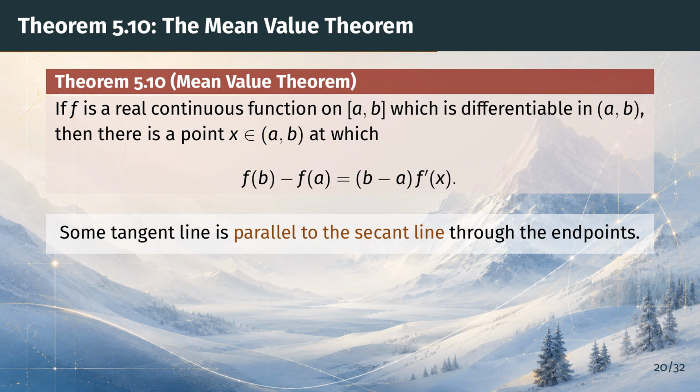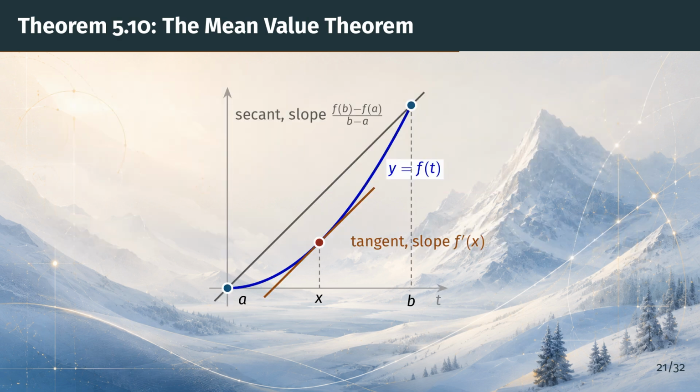A picture makes this vivid. Let's read the picture. The blue curve is the graph of f on the interval from a to b. The gray line is the secant through the two endpoint values marked by blue dots. Its slope is the increment of f divided by b minus a, the average rate of change.